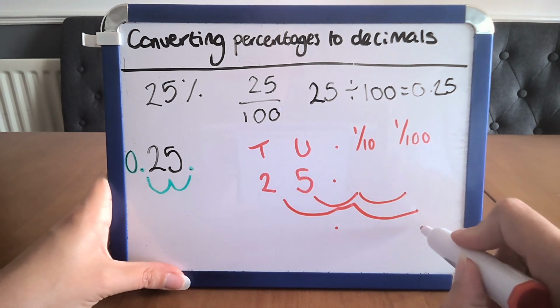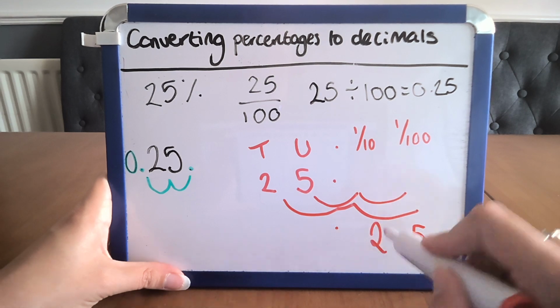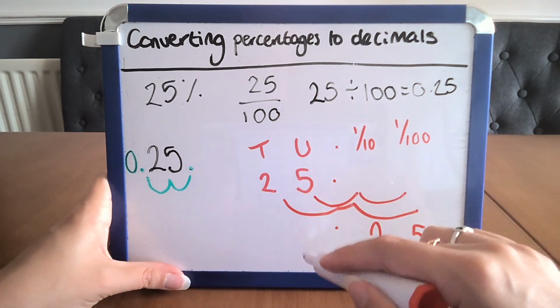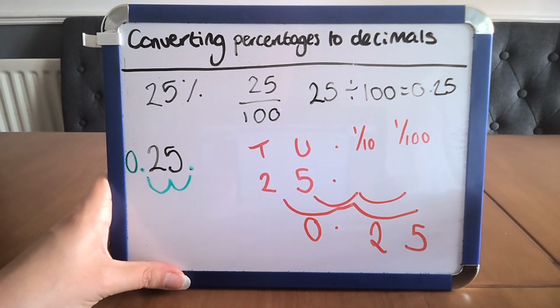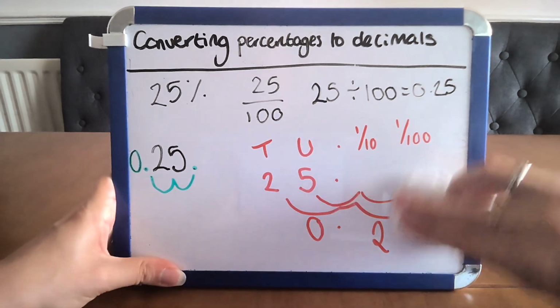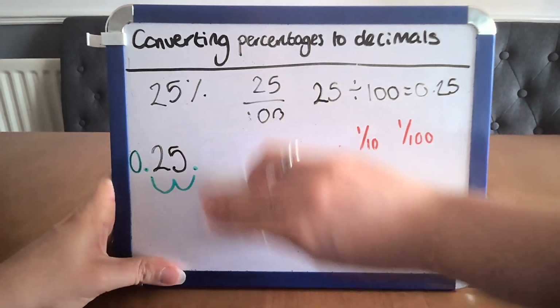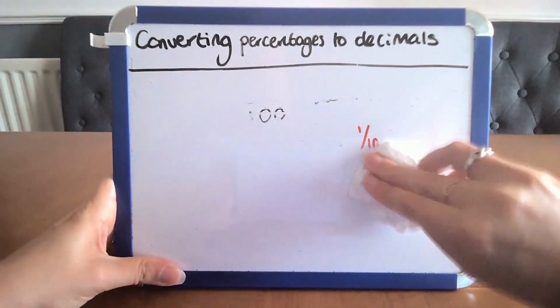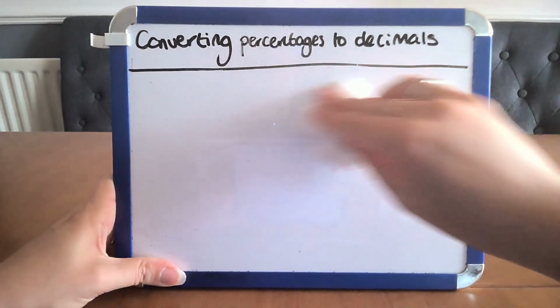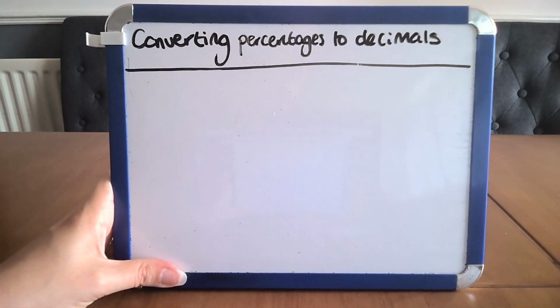So the 5 ends up here and the 2 ends up here. And again, because this units column is empty, we have to add 0 as a placeholder. Okay, just to show a different example.